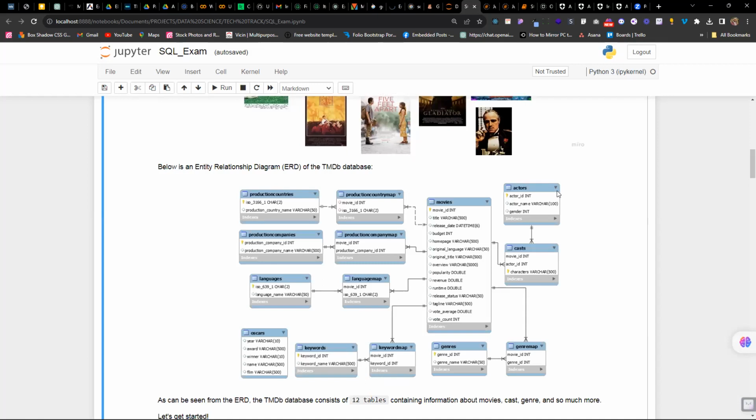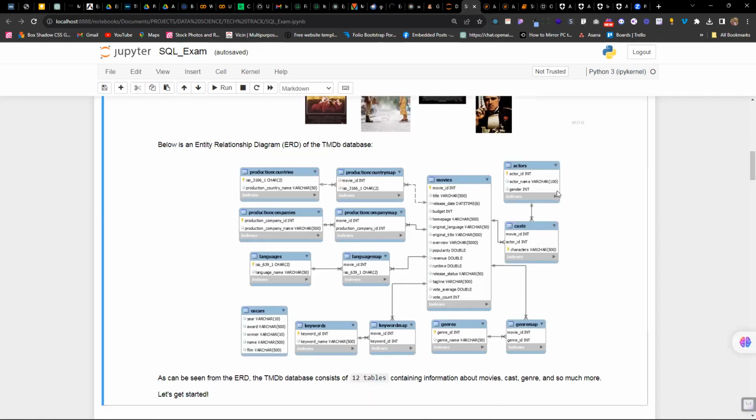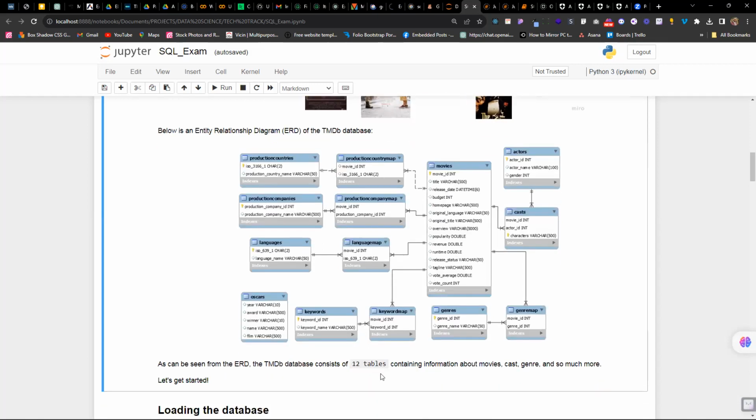Now, below is an ERD diagram, an entity relationship diagram, showing the entire structure of the database, ranging from the production countries, the production country map, then movies, actions, languages, language map.